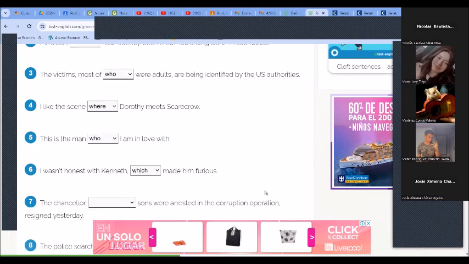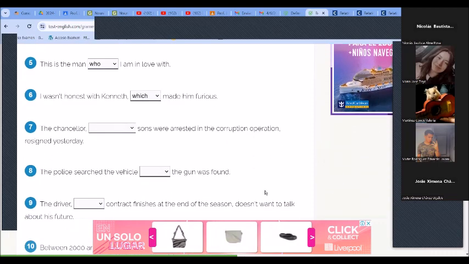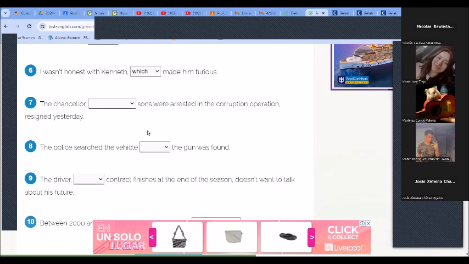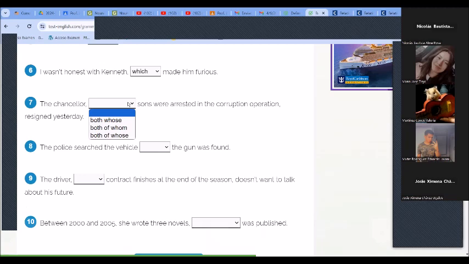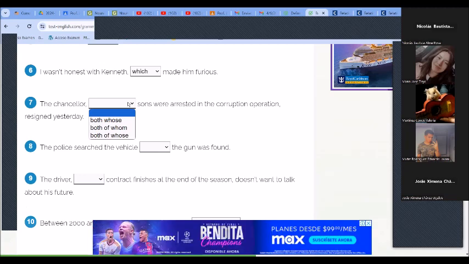Good. All right. I see some people who hadn't spoken yet, so let's go to the other Eduardo. Eduardo Giovanni, the Chancellor. The Chancellor, both of whose sons were arrested in the corruption operation resigned yesterday. All right. Josie Jimena, the police.